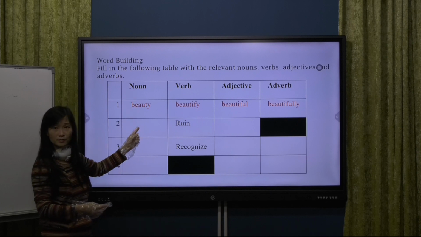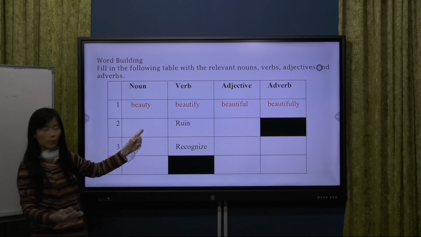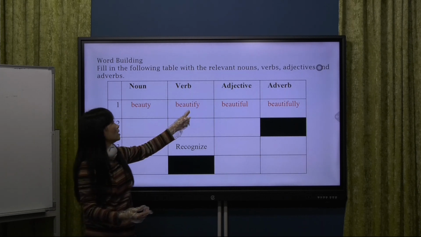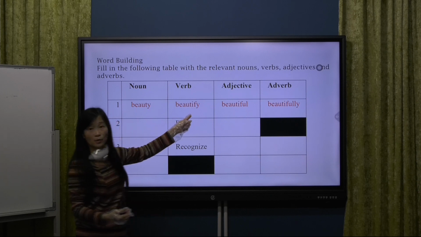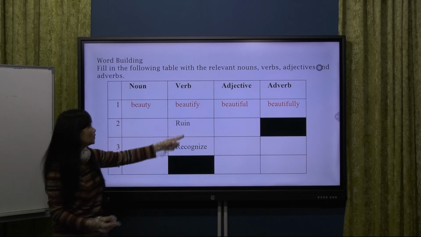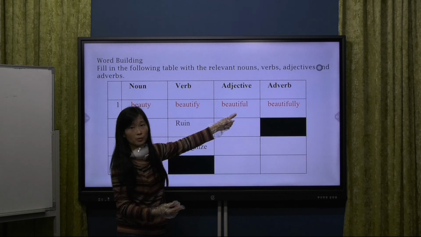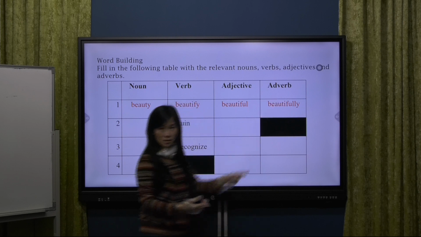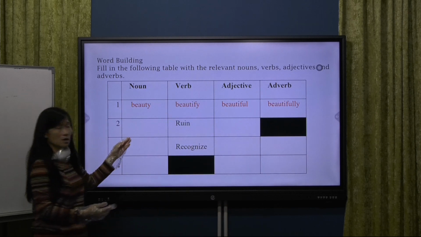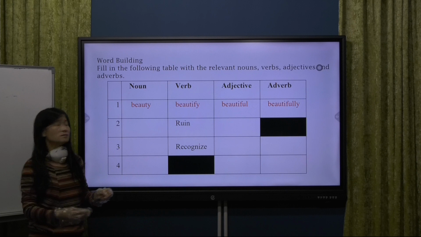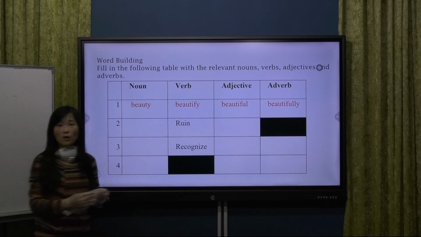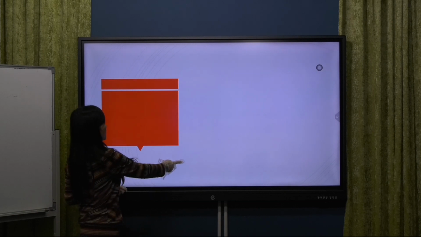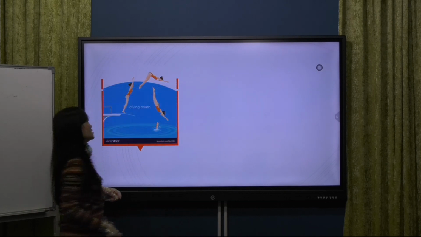Beauty is a noun, and you can turn it into a verb by putting T-I-F-Y right at the end. So beautify is a verb, and beautiful, you all know beautiful is an adjective, and beautifully is an adverb. So beauty is a word that has got all four forms.